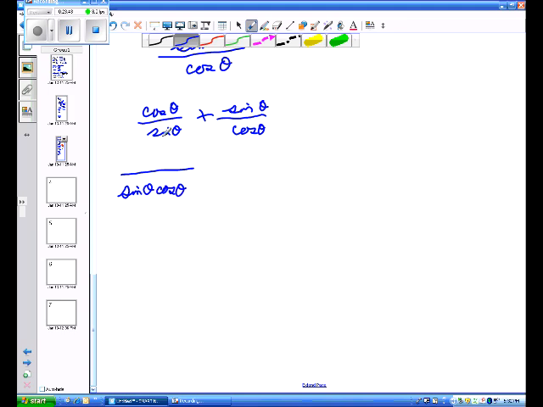So sine theta, cosine theta. So this one we had to multiply by cosine, so that's what we're going to have to multiply our numerator by, is by cosine theta. And you can see that right here, all I've done is multiply it by 1. There's my cosine over sine. I've multiplied it by 1, so I haven't changed any values.